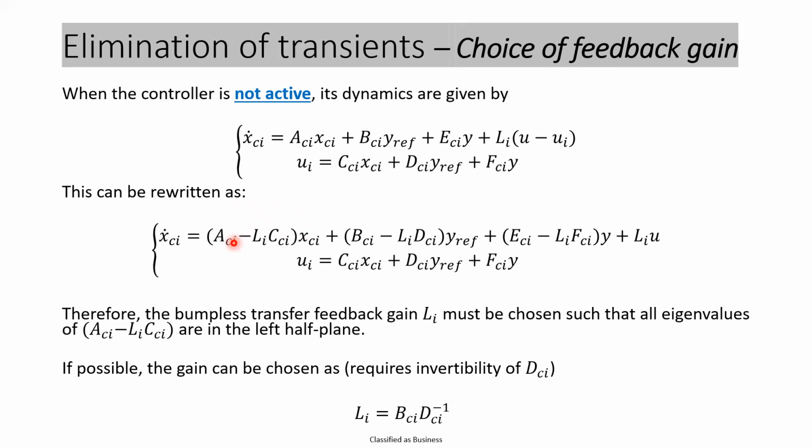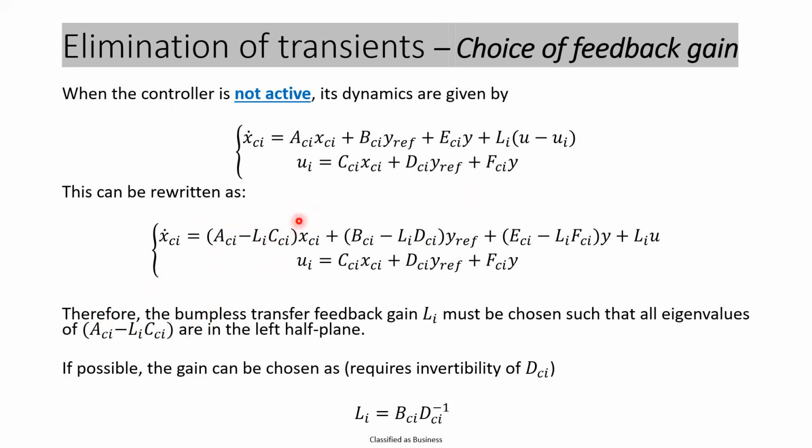Doing this guarantees that the non-active controller doesn't explode; the states of the non-active controller will remain limited. But if you want to select the eigenvalues in the left half plane, there is not a unique solution for Li. You can find infinite solutions, because it depends where you want to place the eigenvalues.